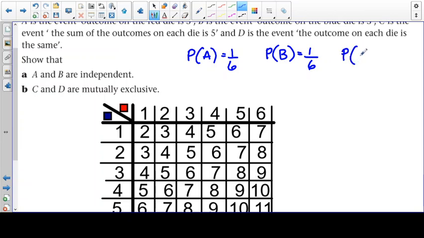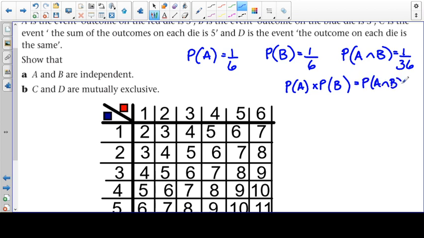The probability of getting a 3 on the blue die and a 3 on the red die is 1 out of 36. So you can see that the probability of A times the probability of B is equal to the intersection. Therefore, A and B are independent.